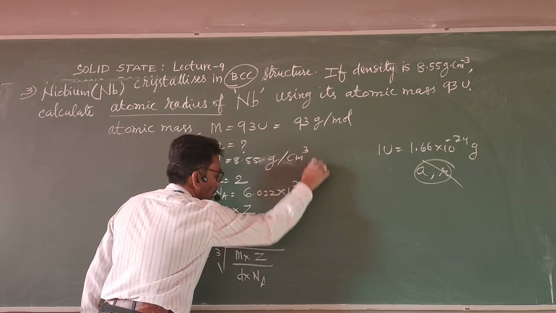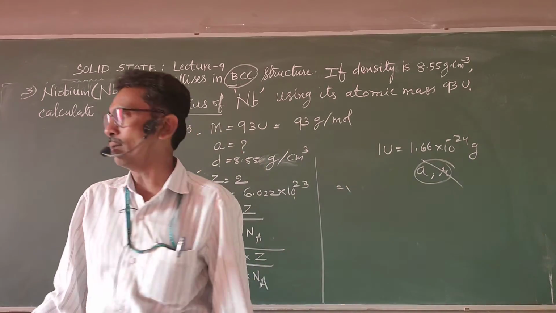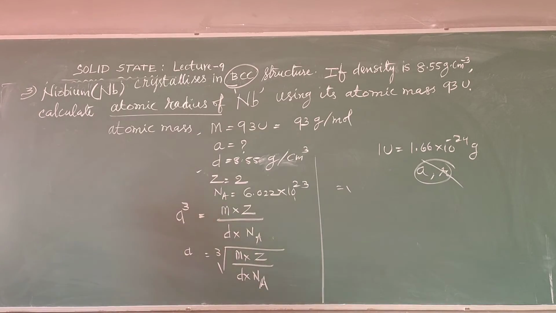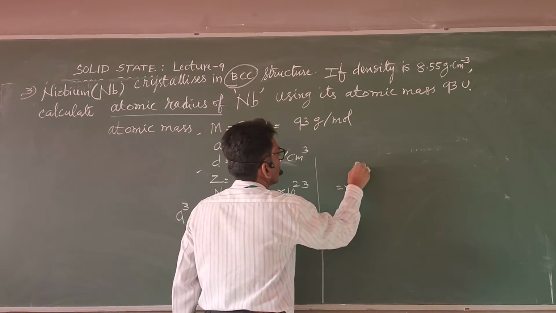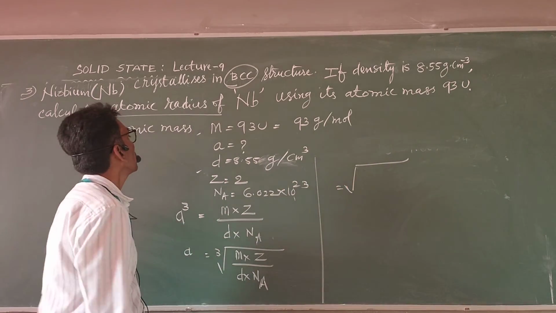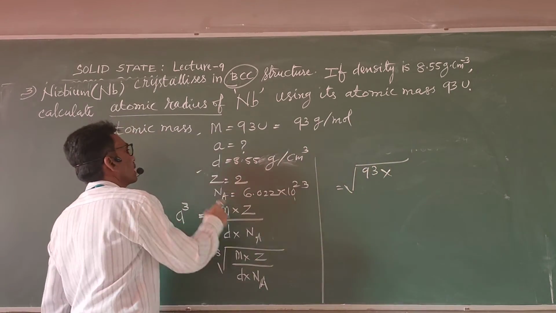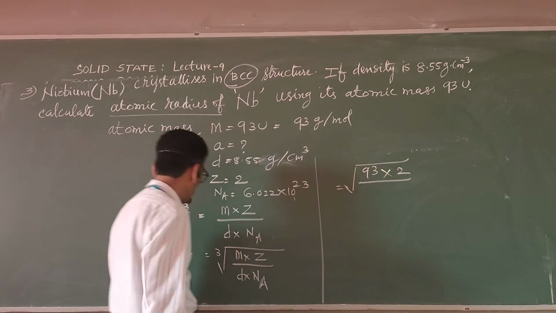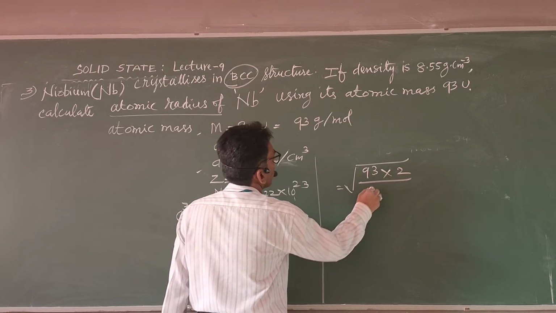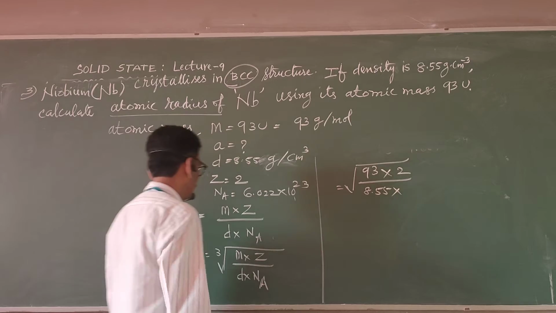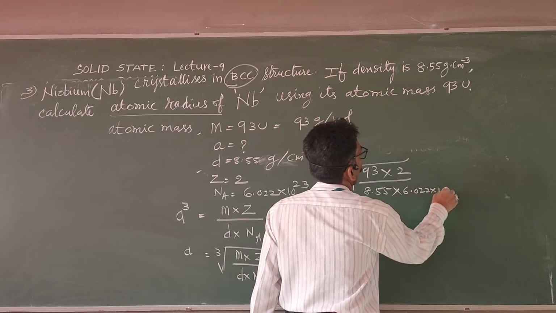So next step is substitution. Cube root of mass is 93, as the number of particles 2 in BCC, over upon d density 8.55, upon Na 6.022 into 10 raised 23.